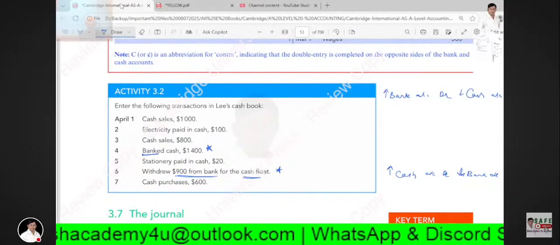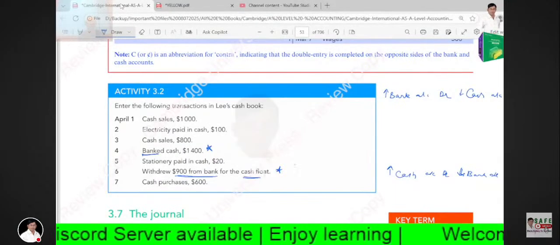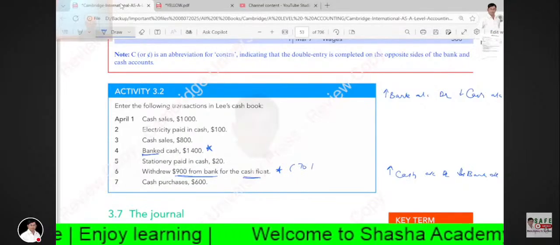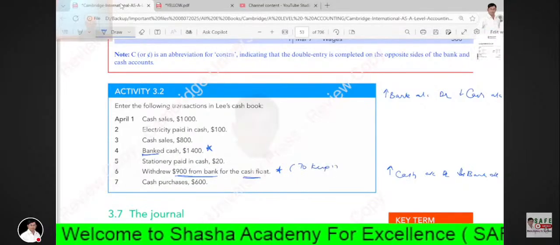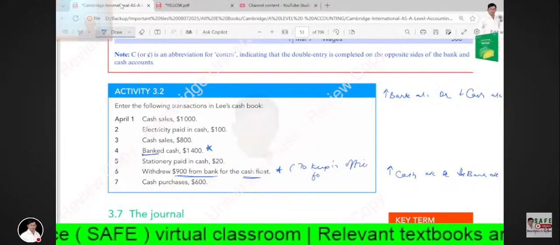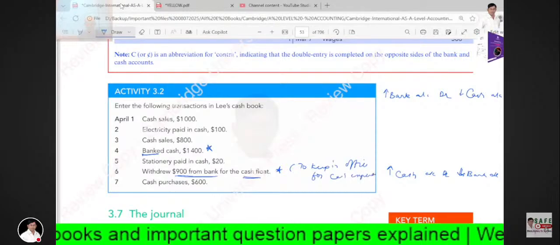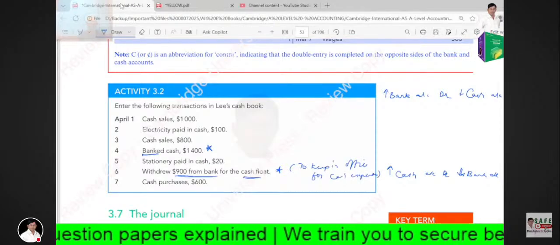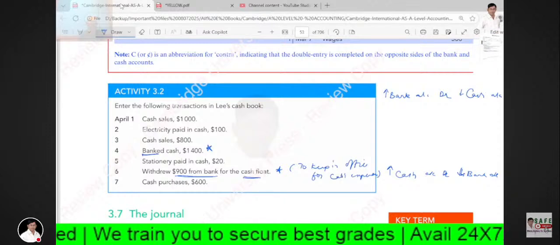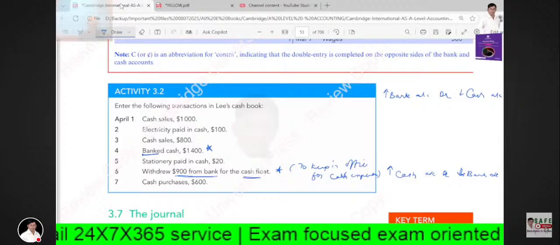Withdrew 900 from bank for cash float. Cash float means to keep in the office for cash expenses. That is the meaning. So we record: withdrew 900 from bank for cash.